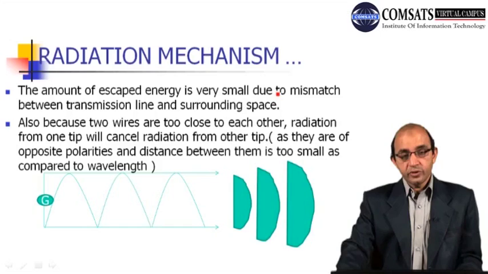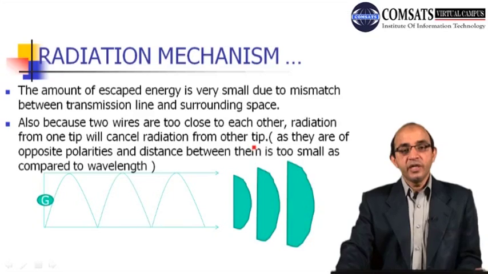So due to this mismatch between the transmission line and the surrounding space, the amount of energy that escapes is very small. Another reason is that the two wires are too close to each other, so radiation from one tip will cancel the radiation from the other tip.